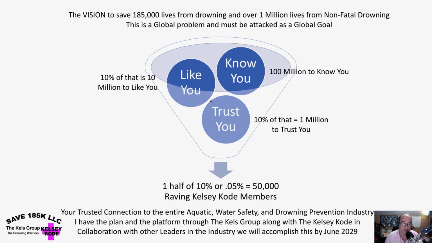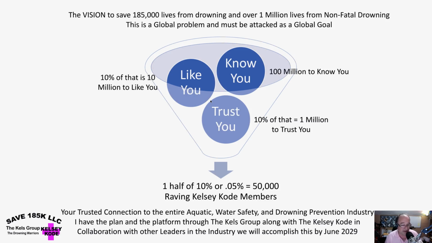This isn't just aquatics or water safety. This could be any marketing program when you're looking at getting a message out. So roughly 10% of 10 million would be 1 million people that trust you.